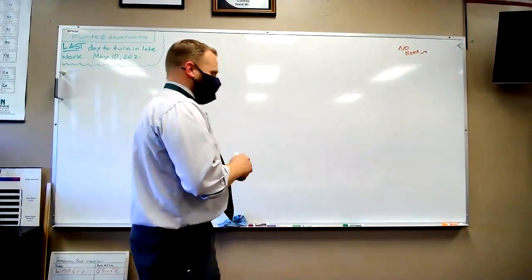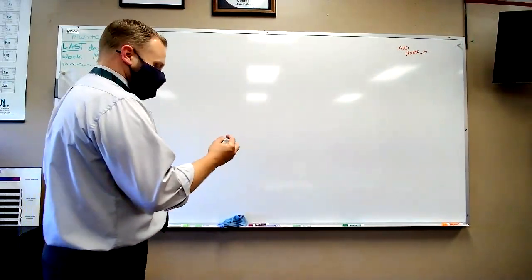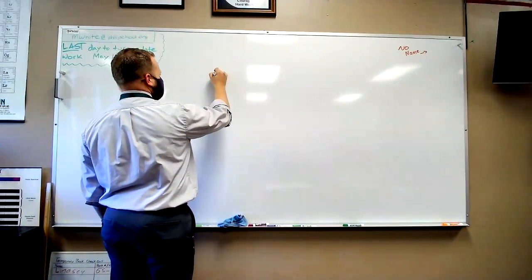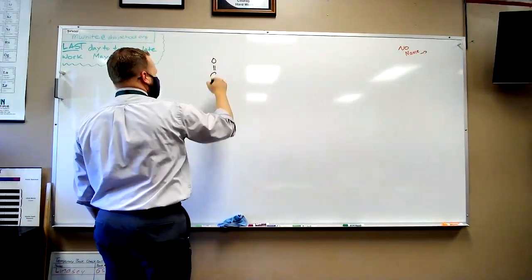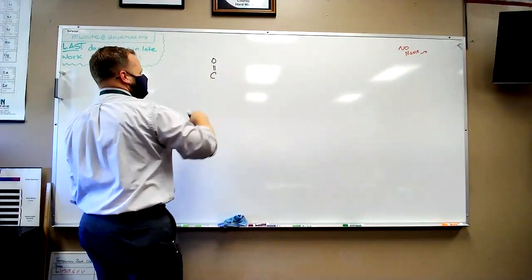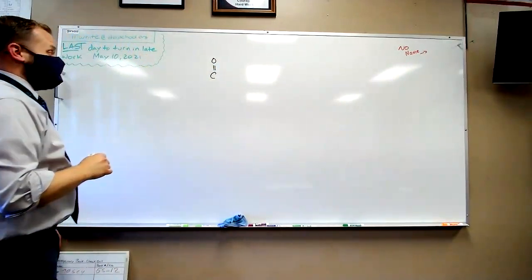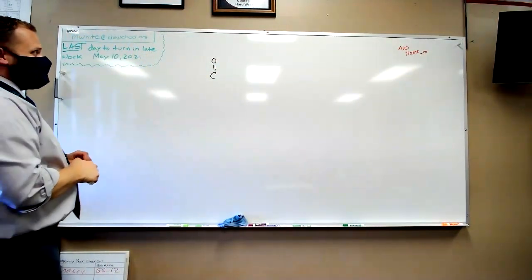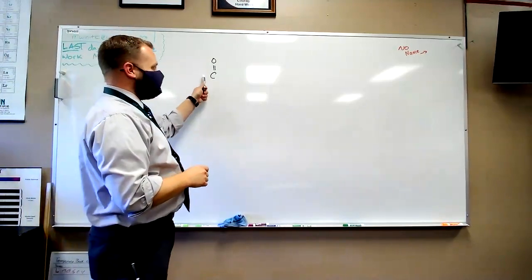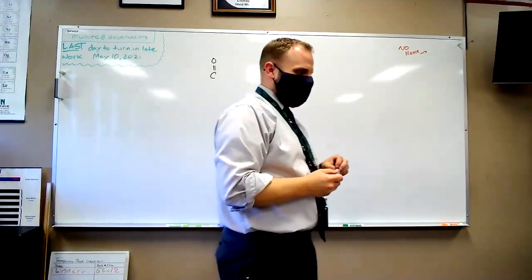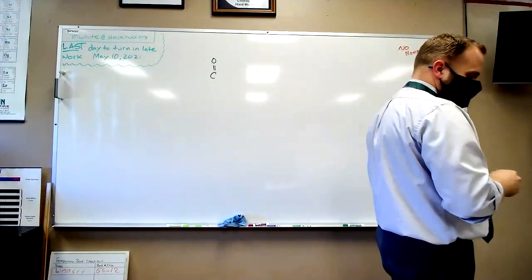When we talk about carbonyl, really all we're saying is there's a carbon with a double bond to an oxygen. So all of our functional groups today are going to have that somewhere in there. Carbon, double bond, oxygen.